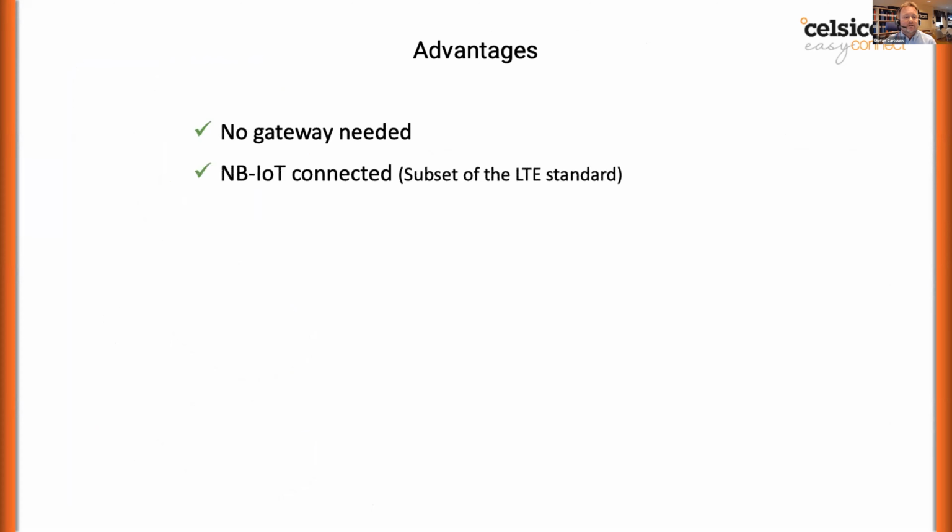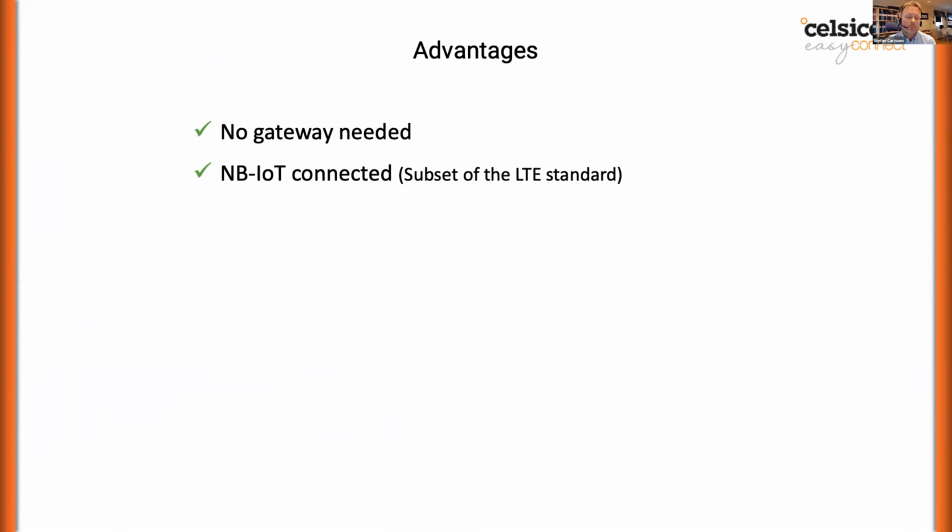Some advantages with this system, of course, is that you don't need the gateway anymore. It is NB-IoT connected, and that means it's using basically the same network as your ordinary mobile phone would use.